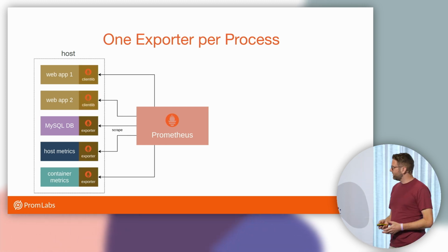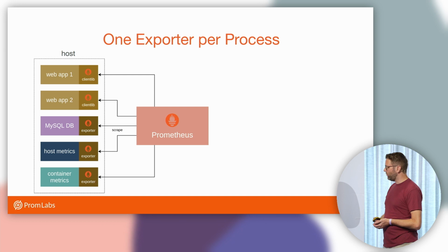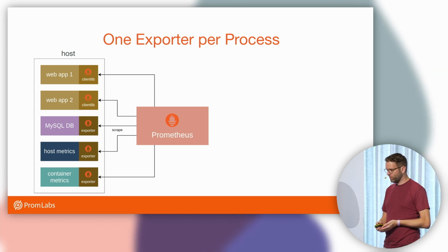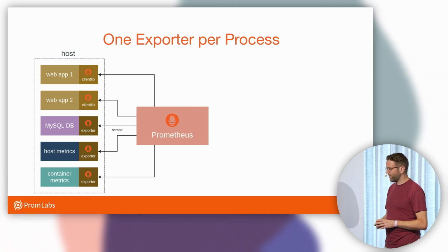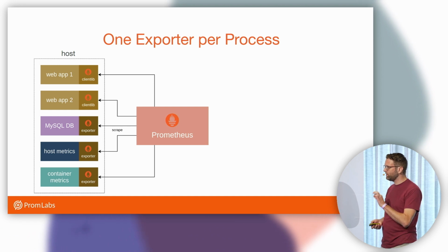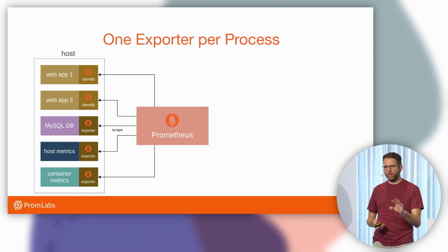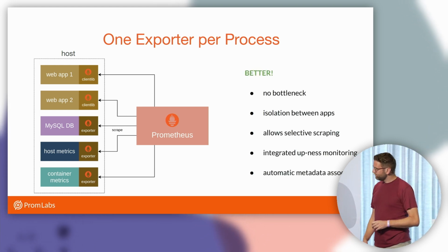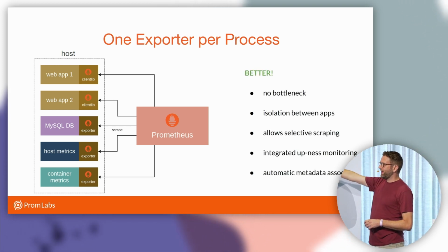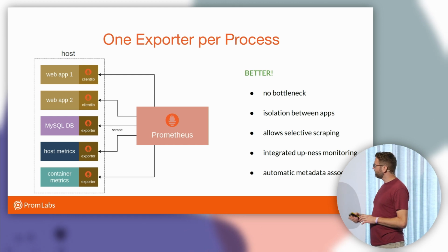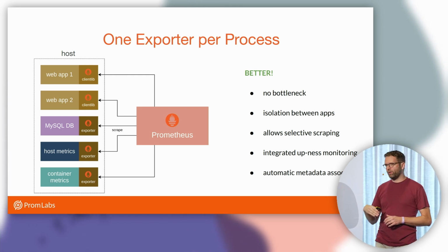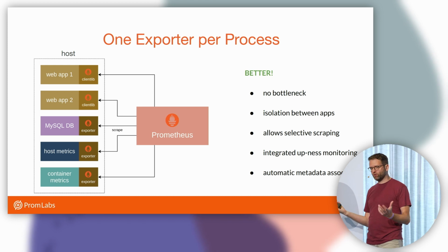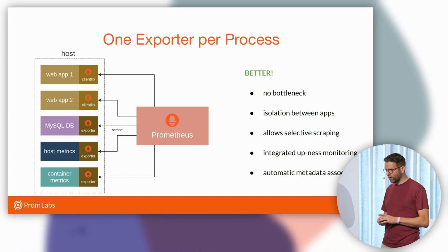So if we go to this one exporter per process model, all this becomes a bit more Promethean. So this is what I would recommend. Really have very fine granular scrape endpoints that Prometheus can go to individually. For the actual own applications that you write yourself, just use a client library, put metrics directly in there, serve a Prometheus metrics endpoint that Prometheus can pull from.